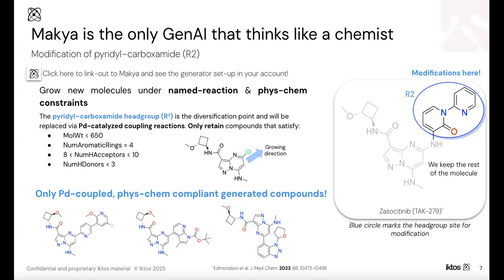Once we run the generation, Makya gives us back what we ask for, only palladium couplings, PhysChem compliant head groups that can be realistically synthesized and aligned with the drug-like properties profile. Again, no post-processing filter needed. Everything is controlled upfront through chemistry-aware inputs.